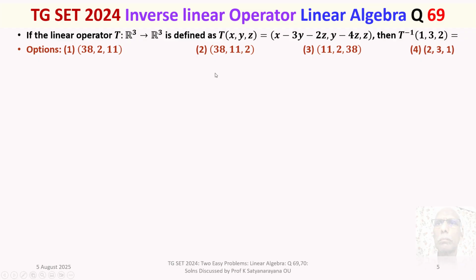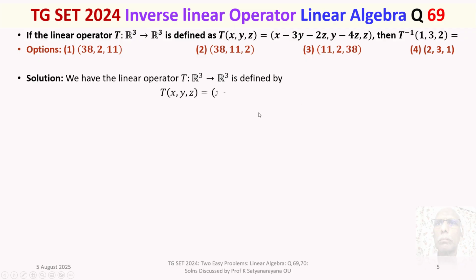Let's now discuss the solution of the problem in detail. We have the linear operator T from R cube to itself. It is defined by T of the triad x comma y comma z is the triad x minus 3y minus 2z comma y minus 4z comma z. Now, required to find T inverse of 1, 3, 2.